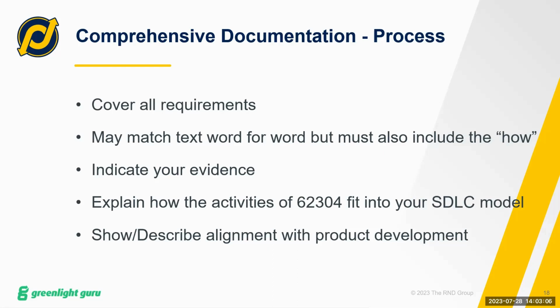Another key element is to describe how you align with product development. So software in a medical device, we're just one piece of the big picture, right? It's important, and it's actually required in 62304, to describe how you have that alignment. We will often use a chart that shows two timelines with the phases of product development and the phases of software, and they show how they line up.